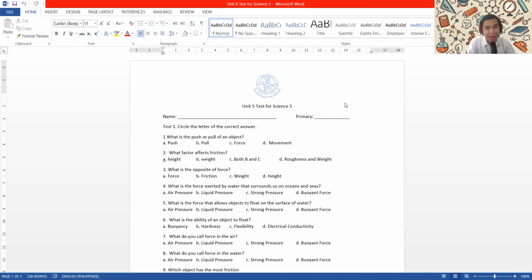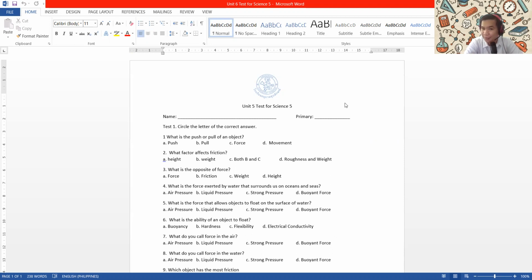Now, what factors affect friction? If you notice, it's easier for you to slide on slippery substances rather than rough ones. It's because there's less friction on slippery things than rough things.